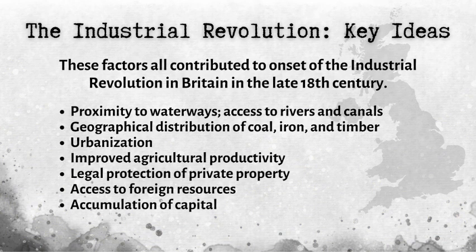Then I want you to describe one effect of increased agricultural output in Britain in the period of 1750 and 1900. And lastly, identify one economic development in Britain that aided industrialization in the period of 1750 to 1900. Make sure to complete that in your guided reading packet.